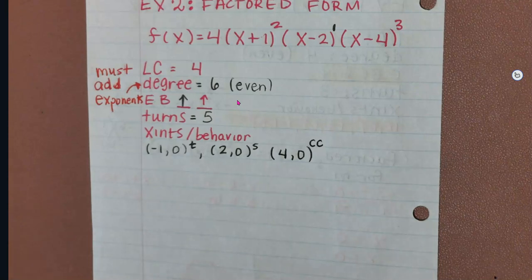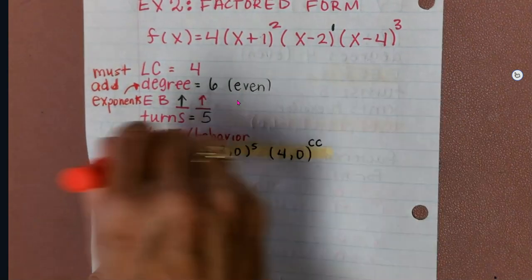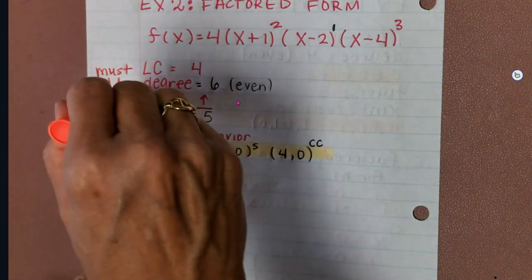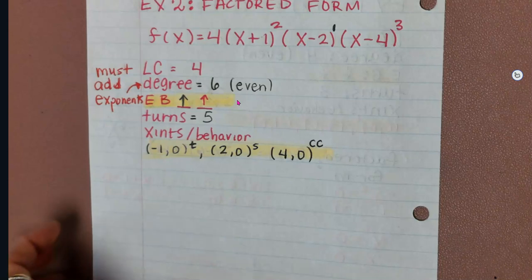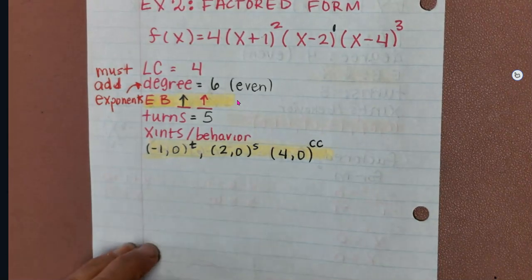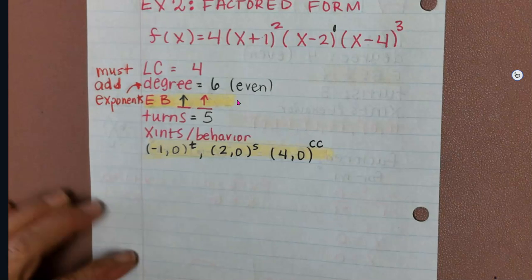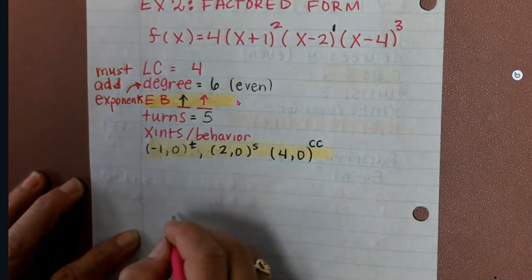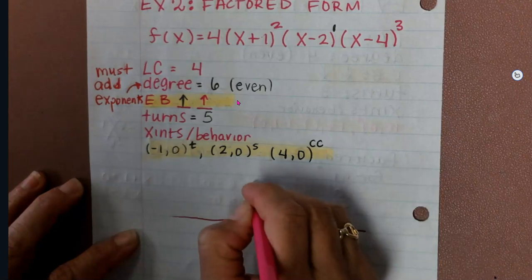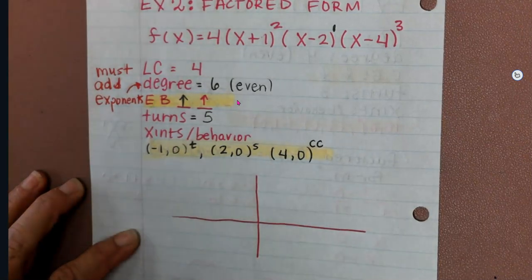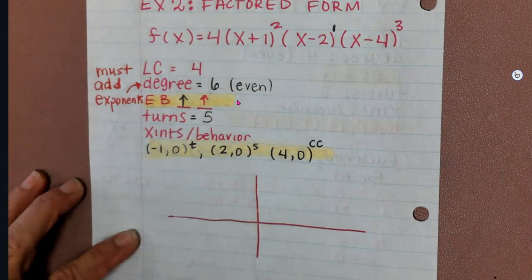All right, so do I have my x-intercepts? Yes, I do. Do I have the end behavior? Yes, I do. That's it. That's all you need to graph a sketch of this. So here we go. I am going to draw an x and y axis. I'm going to start plotting some dots.